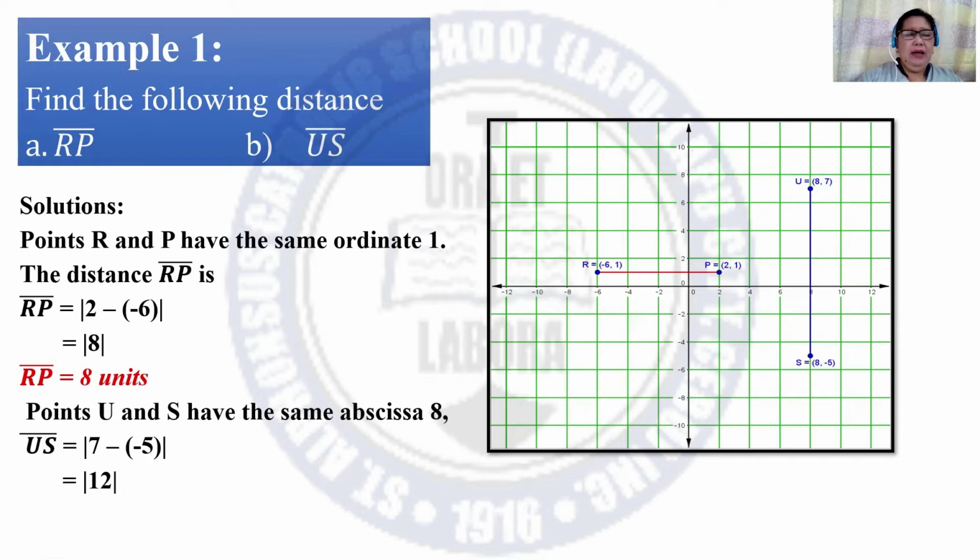Simplifying, the result is the absolute value of 12, because negative times negative 5 is positive 5. So, the distance from U to S is equal to 12 units.